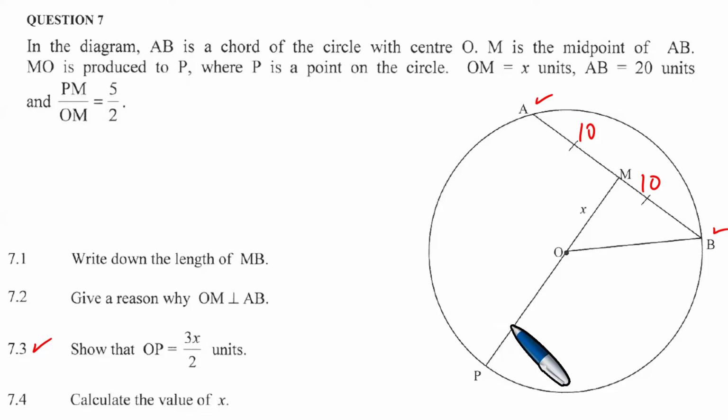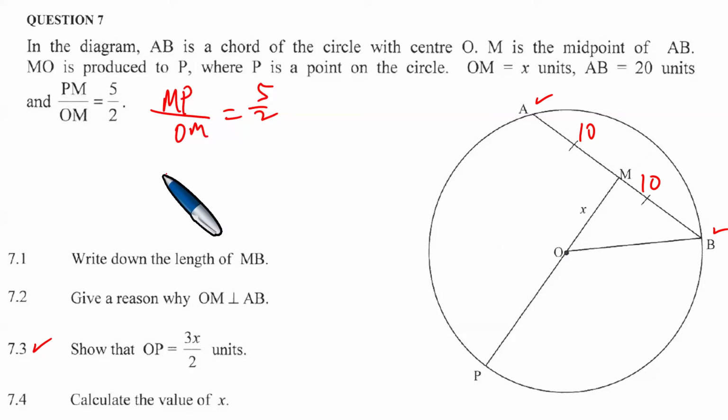We want to find OP, but we know that MP over OM equals 5 out of 2. What is MP? MP is X plus OP, divided by OM, which is X.